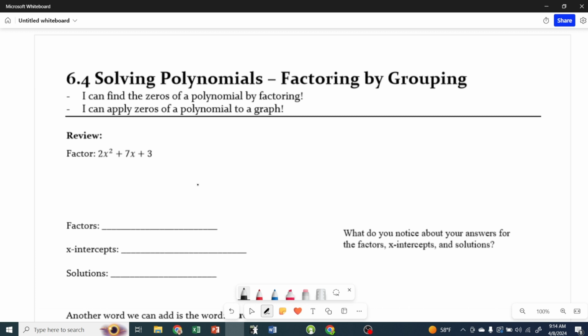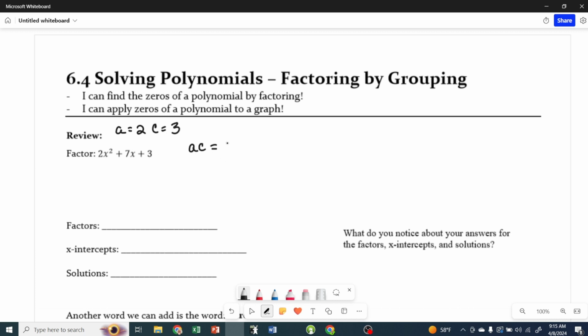factoring this quadratic function. So if you remember, when we factor by grouping, we have to multiply A and C together, right? So A is 2 in this situation, and C is 3.